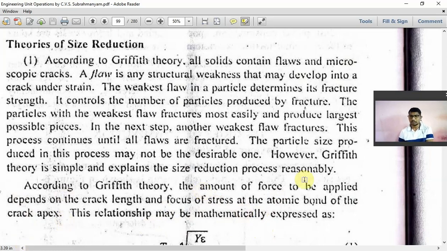According to Griffith theory, the amount of force to be applied, why do you apply it, to break down the particle. Okay? So the amount of force to be applied depends on the crack length, how long the crack is, and the focus of stress at the atomic bond of the crack apex. Okay, that is nothing but the Griffith theory.